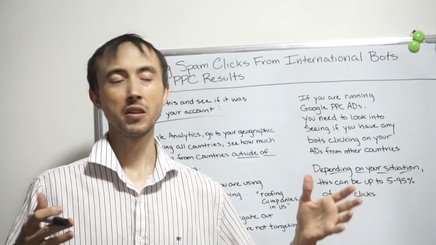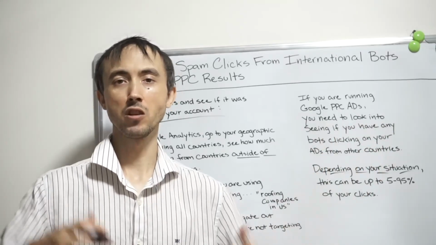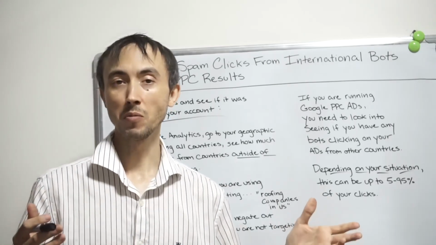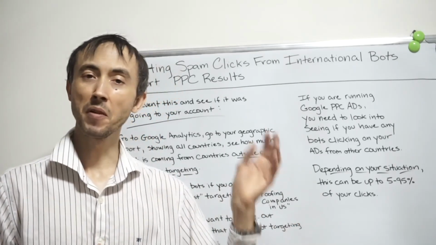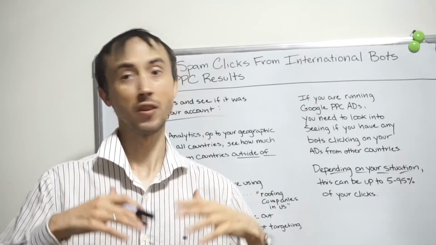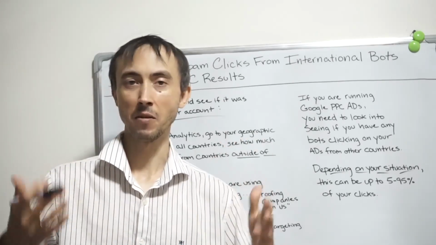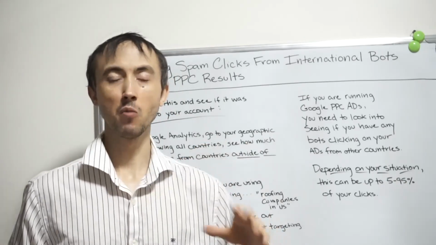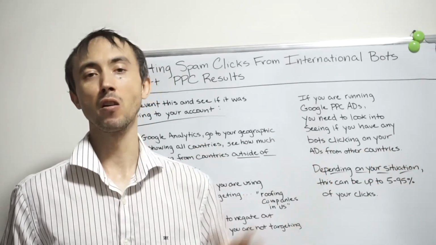They screw up. They think clicks are coming from one country when they really come from another, and it's always going to screw up to some degree. So when you're supposed to be targeting only the US or just the UK or wherever you're targeting, certain percentages will always say they're coming from the wrong countries.